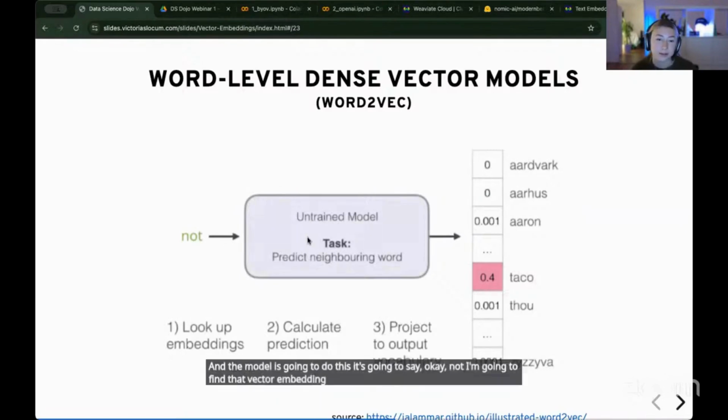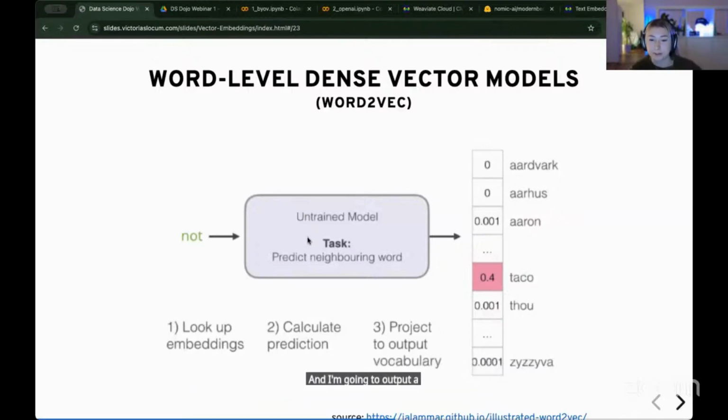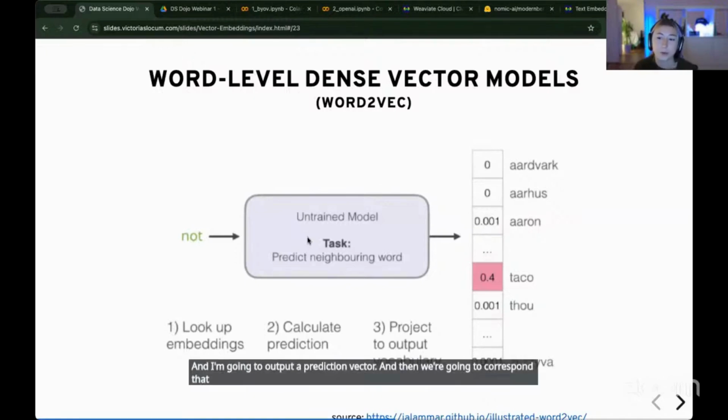Then I'm going to take that vector embedding, go through all my math in the background, and output a prediction vector. Then we correspond that to the vocabulary, to see what word that prediction vector corresponds to. Our model chose to predict "taco" as its neighboring word.